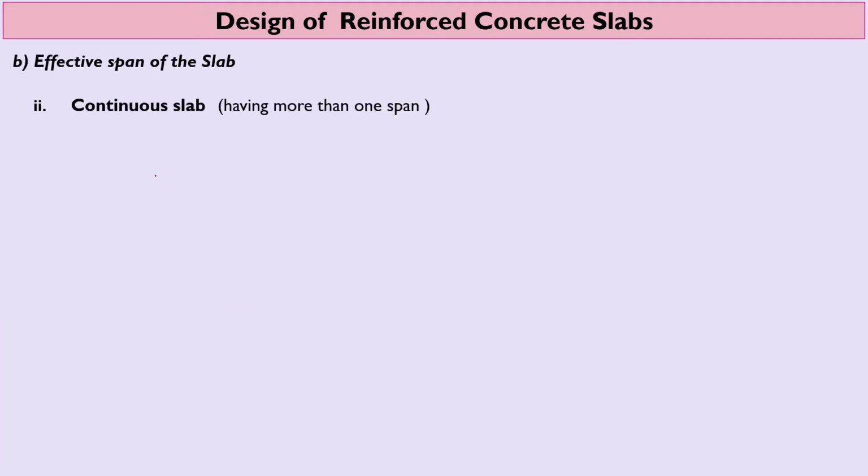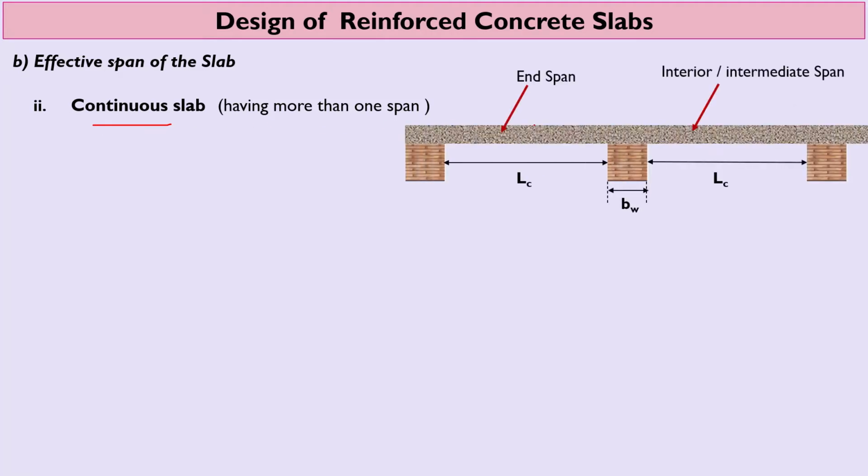Now if it is a continuous type of slab having more than one span, just like this, there may be a number of spans. They may have equal span length or they may have different span lengths, as well as width of support, which we can say is BW.